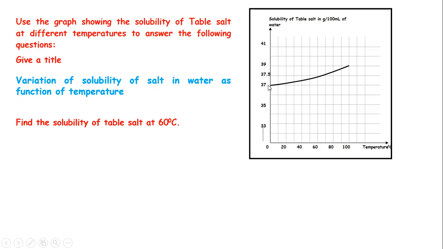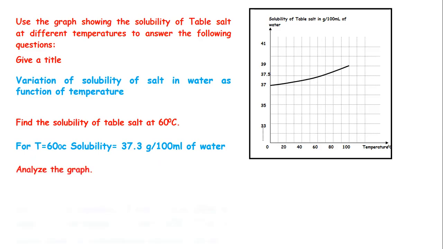It's between 37 and 37.5. So for T equals 60 degrees, solubility equals 37.3 gram per 100 milliliter of water. We should use the unit, and we should be careful about the numbers.